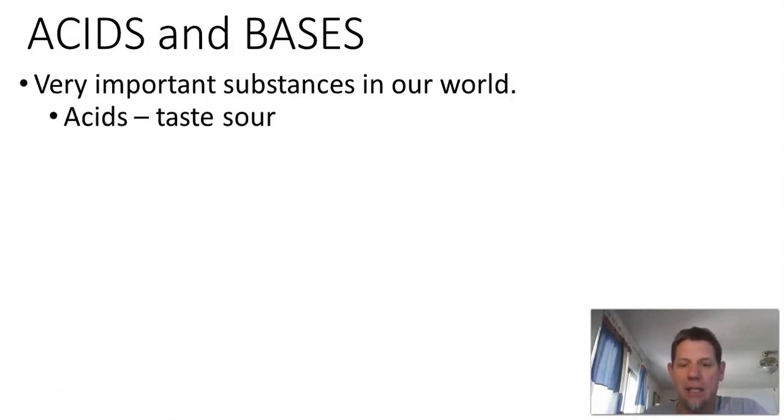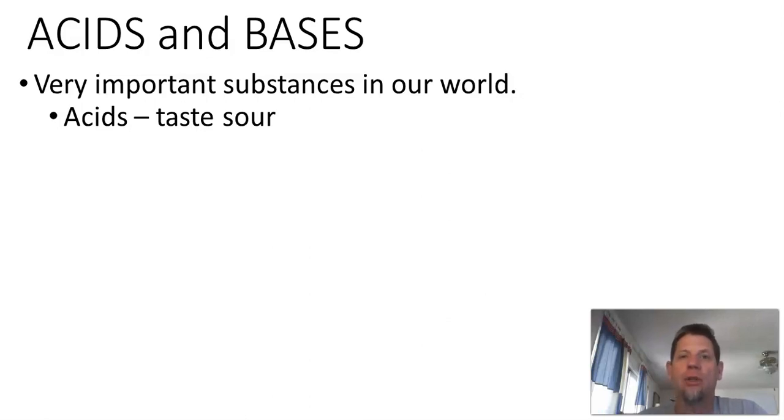An acid is defined by a couple things we'll talk about, but things to keep in mind is they taste sour. Sour Patch Kids, vinegar, any of your citrus fruits, those things that taste sour tend to have citric acid in them. Stomach acid is an acid, obviously.